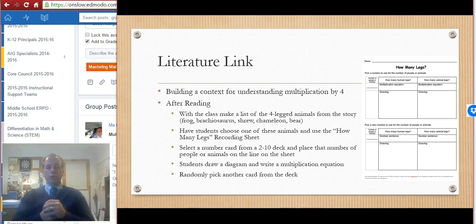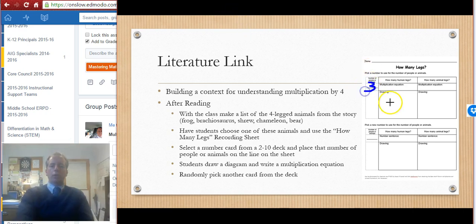So the sheet simply looks like this. If I drew a 3, I would jot my 3 on the number line to the left on the chart. Let's see, I'm not getting my pen, sorry, there we go. I could draw my 3 over here on my chart, picking a color that you'll be able to see.